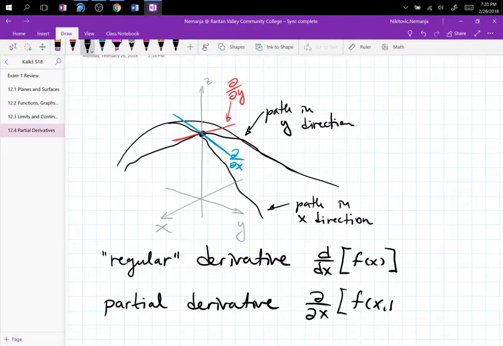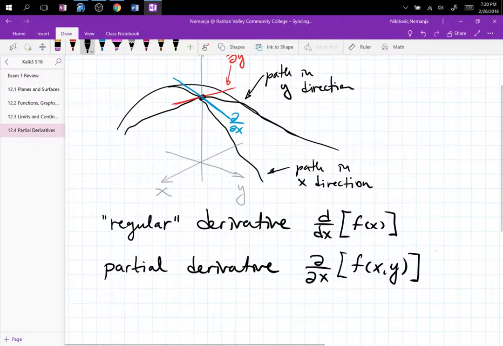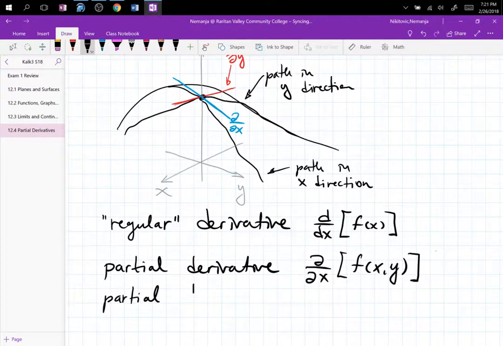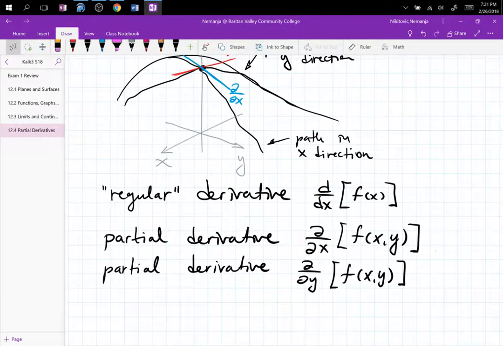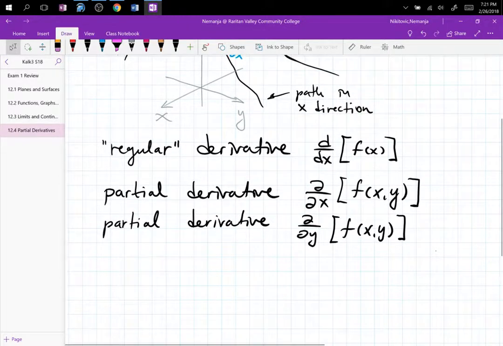That's going to be the partial derivative with respect to x, and then you have another partial derivative with respect to y. And we are focusing on these partial derivatives.